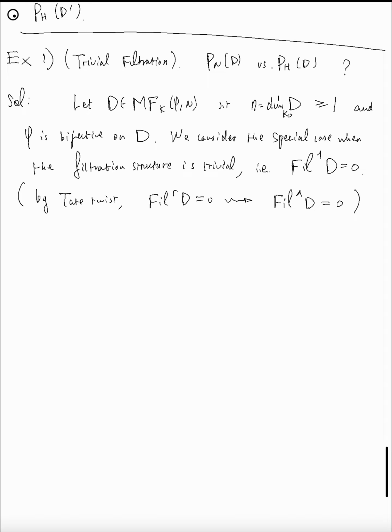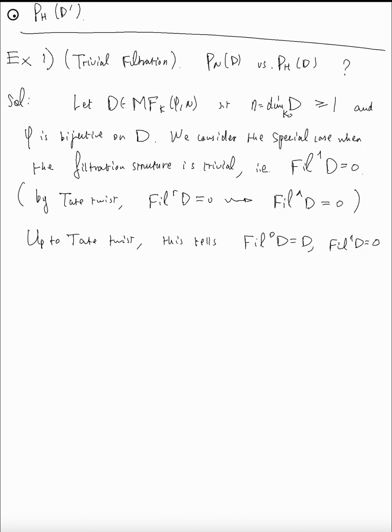Let's first finish the proof. So up to Tate twist at the beginning, this tells us Fil 0 of D is D, and Fil 1 of D is 0.